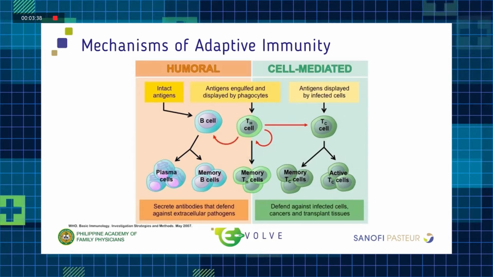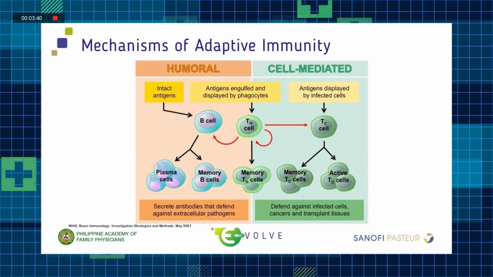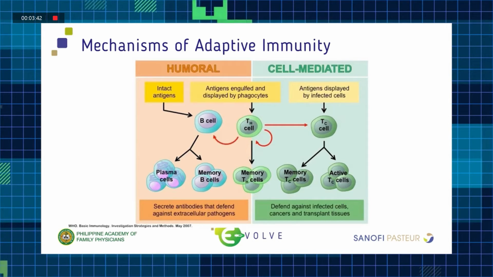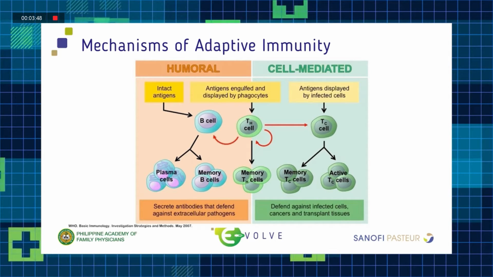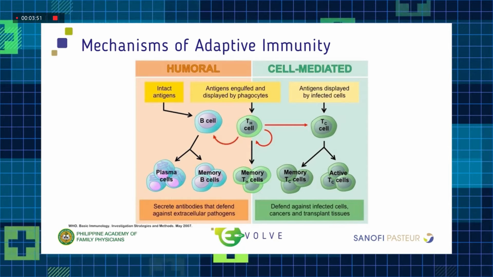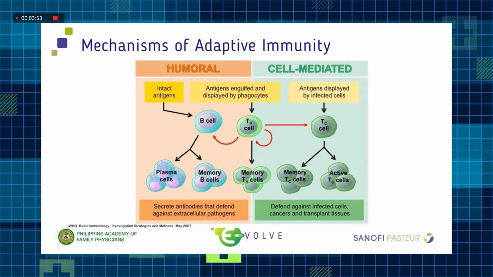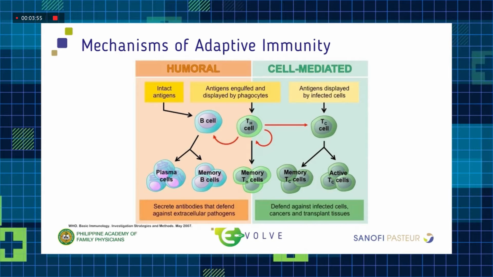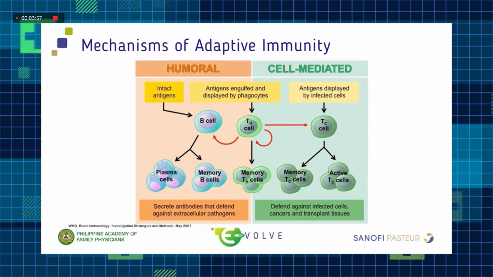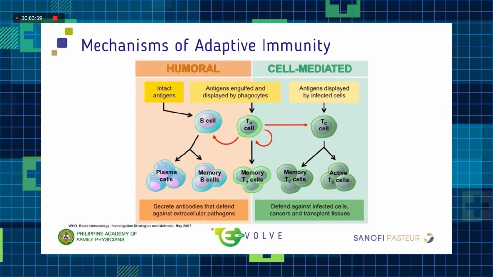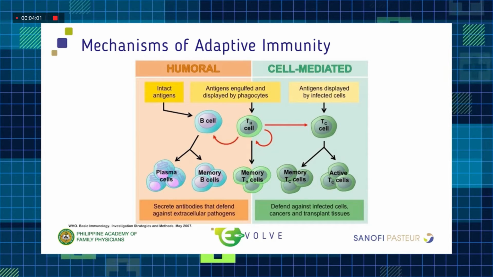There are two main mechanisms of immunity within the adaptive immune system, the humoral and the cellular. Humoral immunity is also called antibody-mediated immunity. With assistance from helper T cells, B cells will differentiate into plasma B cells that can produce antibodies against a specific antigen.